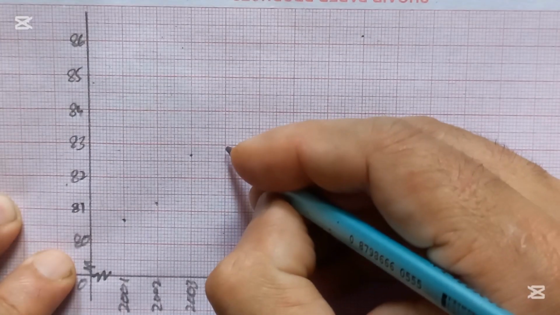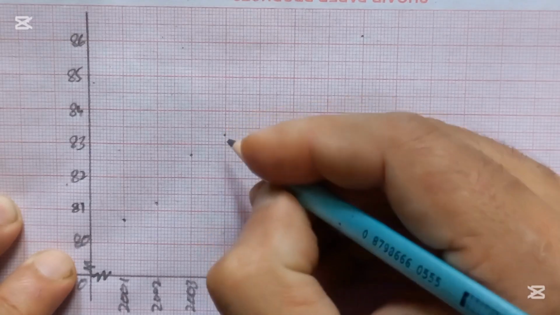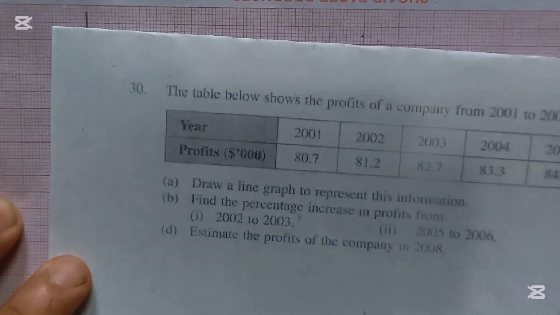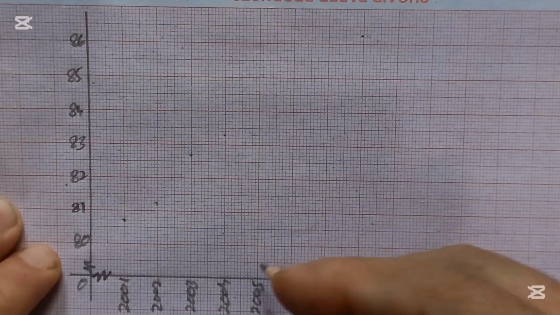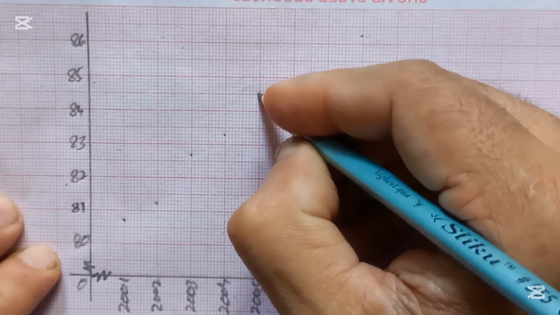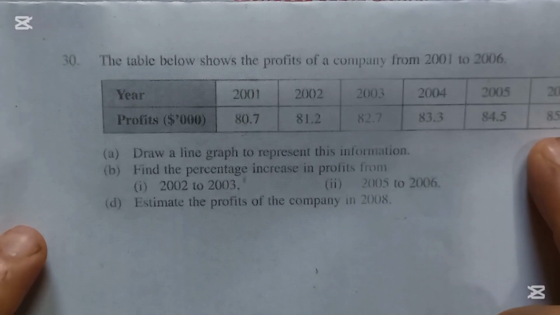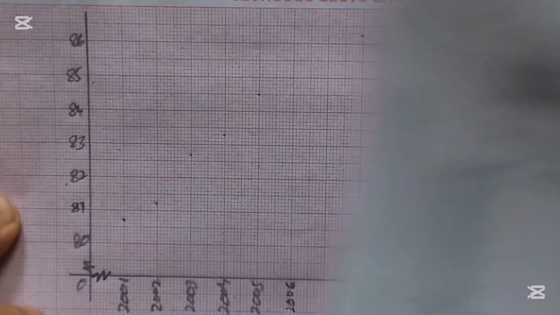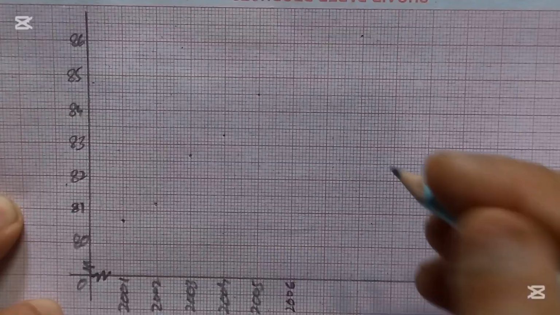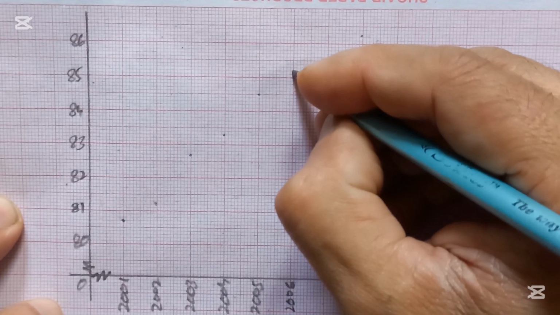So this is 83, 1, 2, 3. So this is 83.3. The next one is 84.5. So 84.5 is here. And the last one is 85.2. So here is 85, 1 and 2.